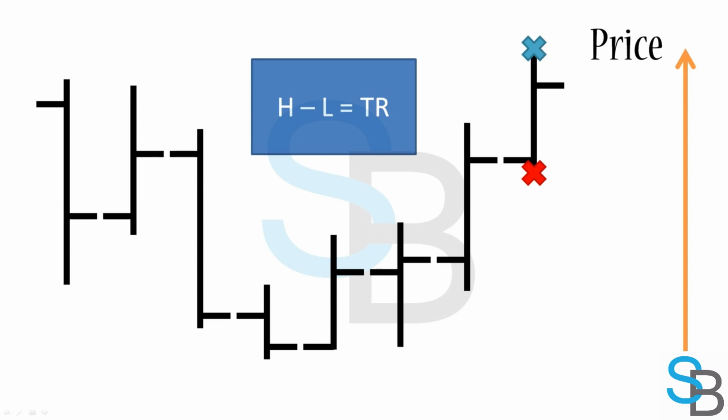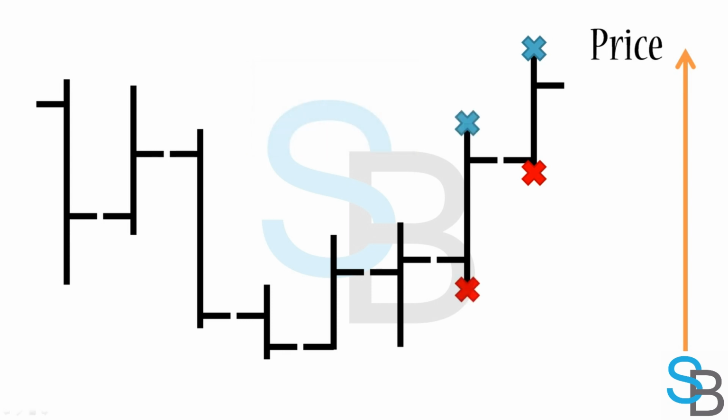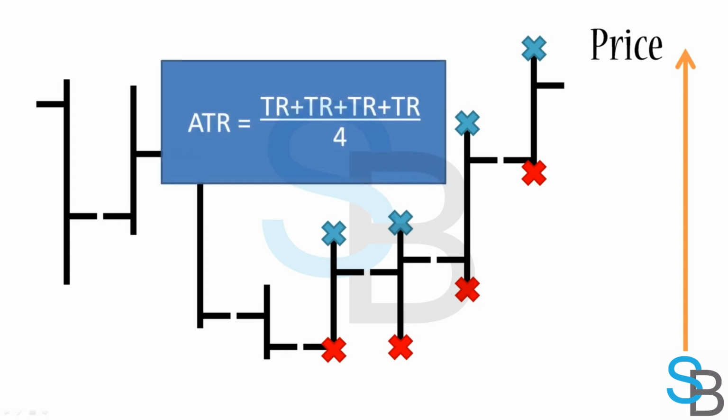Next, let's take the true range for the next bar, and then the true range for the bar after that, and then one more true range. What we're going to do with all of these four true ranges is take the average of them, and that will give us the average true range in the past four bars.